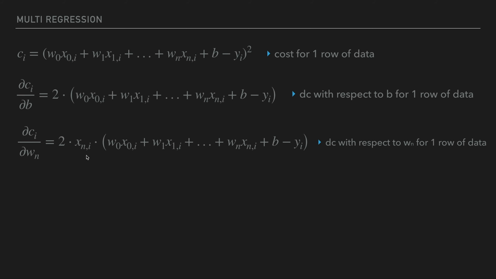What we care about is this, because we're taking the derivative of the nth weight, so all the other things will become constants, so it will be 0, and then the derivative of the nth weight with respect to the nth weight is just 1, and then 1 times the nth x for the ith sample is just the nth x for the ith sample.